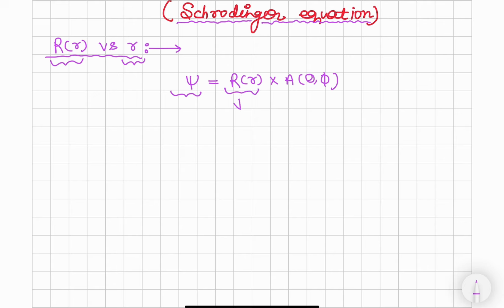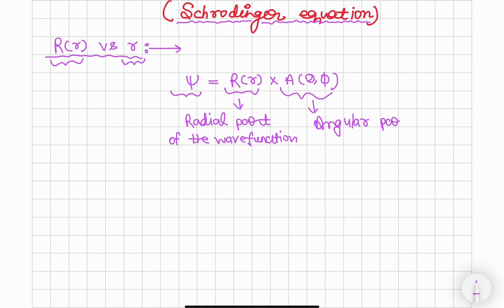R(r) is the radial part of the wave function, and Y(theta, phi) is the angular part of the wave function.